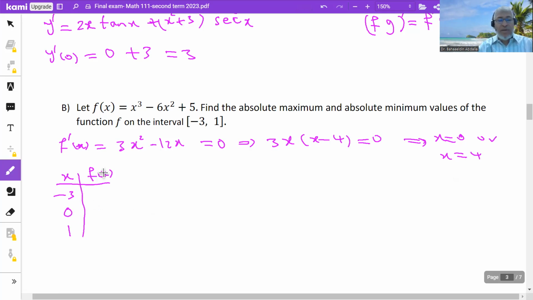Now I will replace x by 0 here in the definition of f of x. If I put x equals 0, I get 5. If I put x equals 1, 1 minus 6, -5 plus 5, that's 0. And if I replace x by -3, I can use the calculator and find the answer. -3 to the power 3 is -27, minus 6 times 9 plus 5.